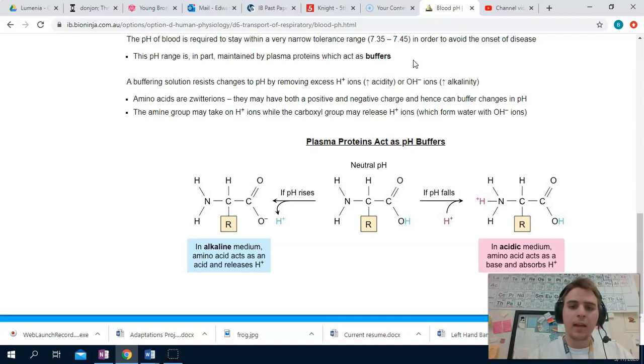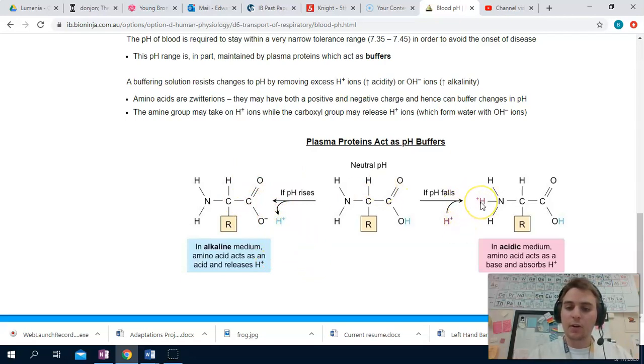This is essentially how it works. So this is our normal amino acid. If pH rises, then hydrogens start dissociating. So in an alkaline medium, if our blood becomes too basic, if the pH rises, the hydrogen on this carboxyl group will dissociate to keep pH from changing too heavily.